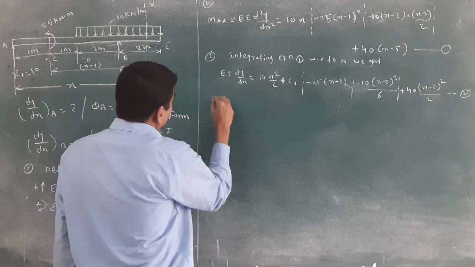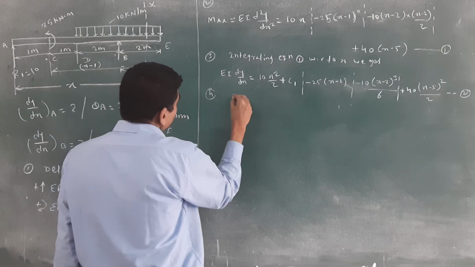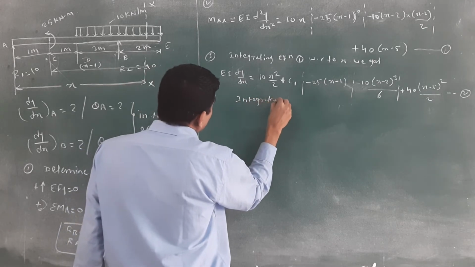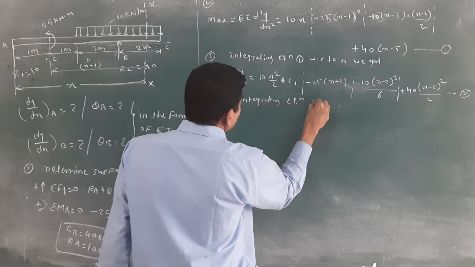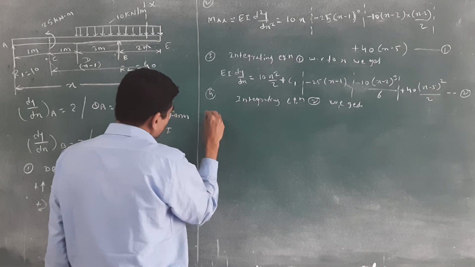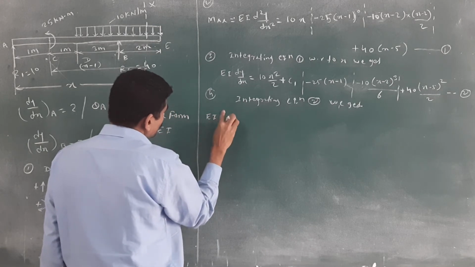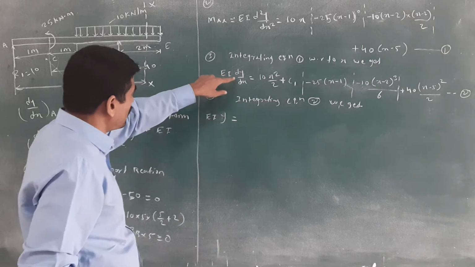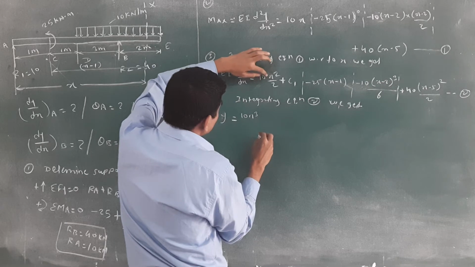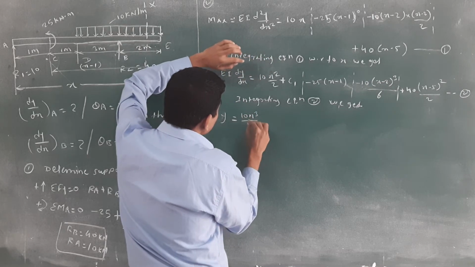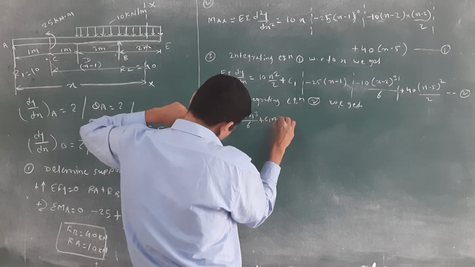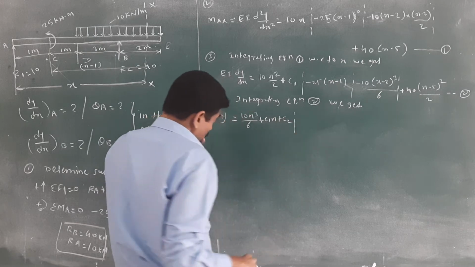Then check the next step: again integrating equation number 2. Integrating equation number 2, what do we get? EI into y is equal to 10 x cube; the integration of x square is x cube divided by 3 into 2, 6, plus c1 into x plus the second integration constant c2.